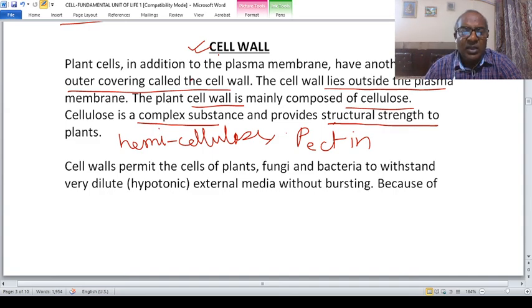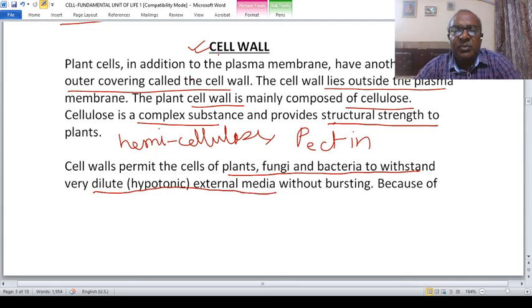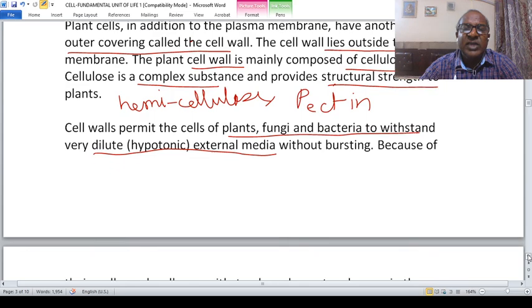That is why the cells of plants, fungi and bacteria can withstand very dilute external medium. The strength is provided by this cell wall. Otherwise the cell would burst.